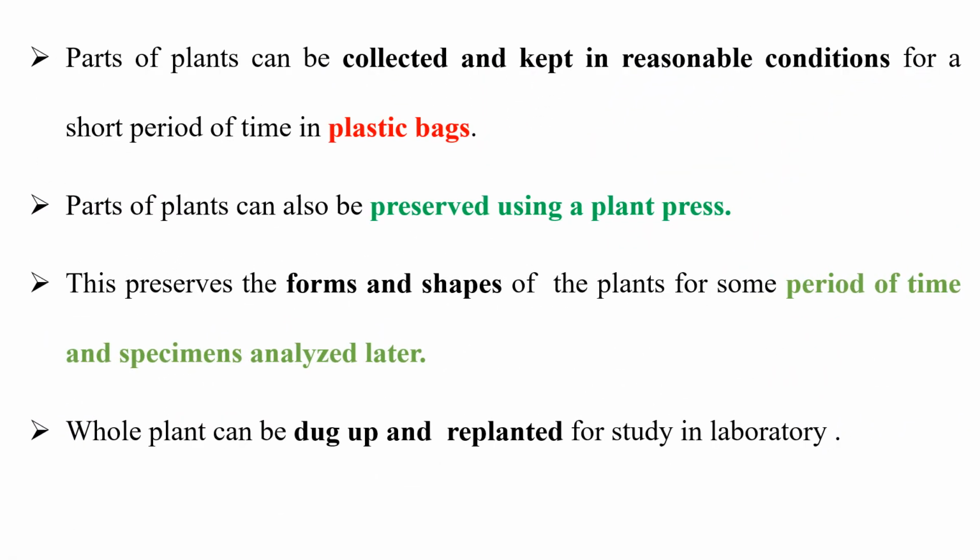Parts of plants can be collected and kept in reasonable condition for a short period of time in plastic bags. We are also collecting plants in plastic bags for studying. Parts of plants can also be preserved using a plant press.